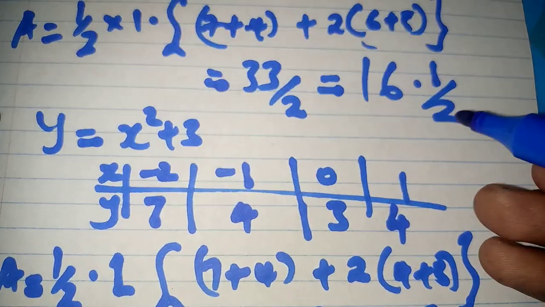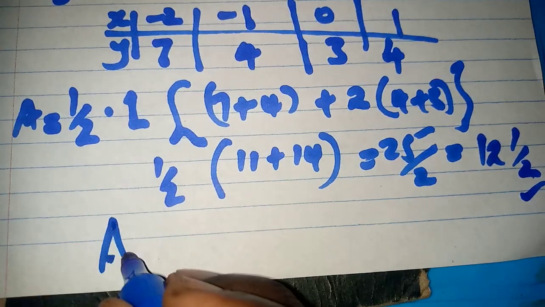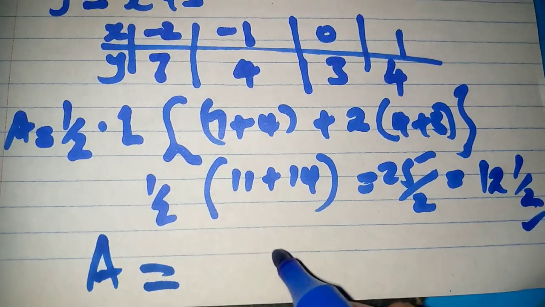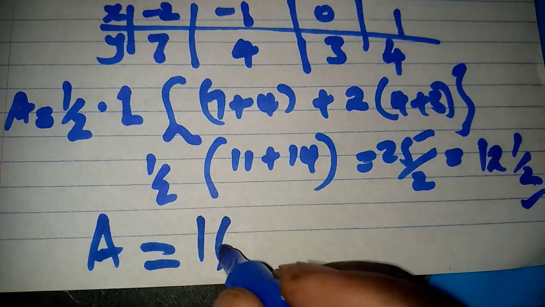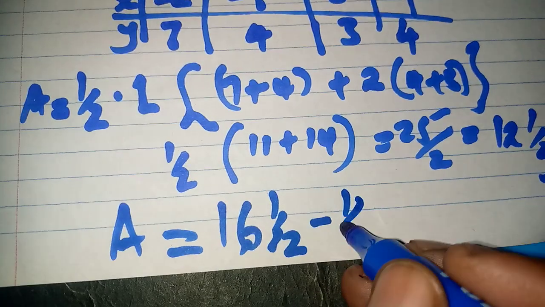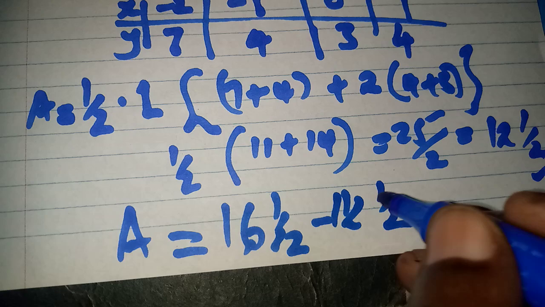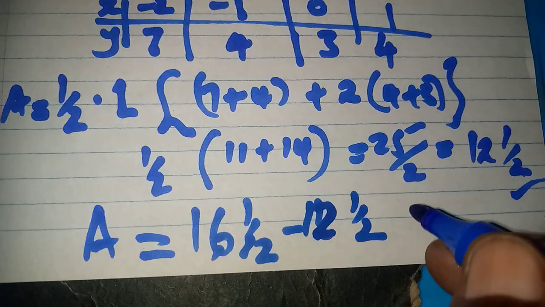So subtracting the two, subtracting this one and this one, the area using trapezoidal rule is just 16.5 minus 12.5. Of course, that is 4.